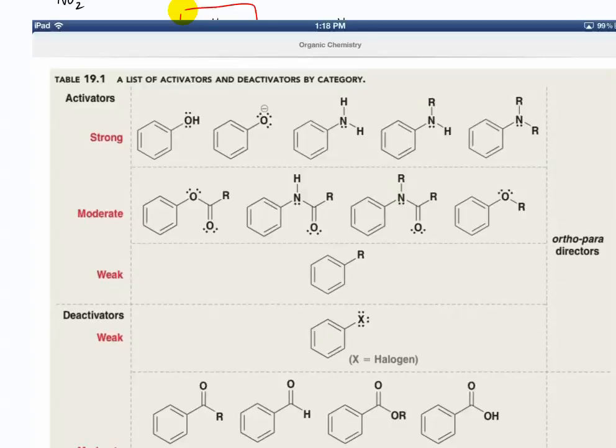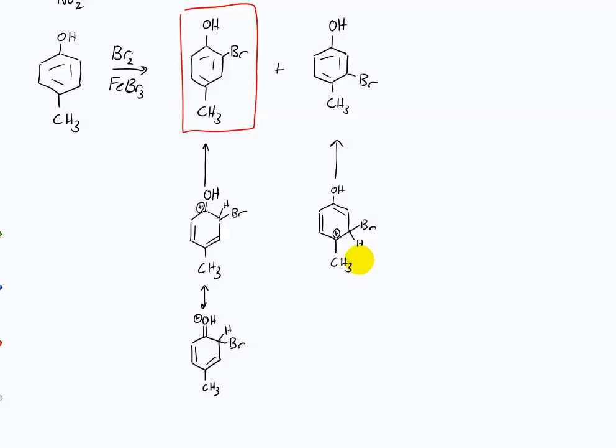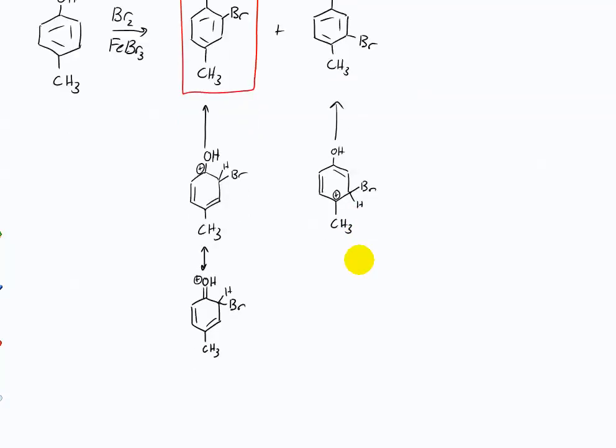So something like this with an oxygen on it is always going to direct more strongly than something like this with just the methyl group there. And that's kind of the key to that previous problem. So let's try another one, and then we'll talk about halogens a bit.